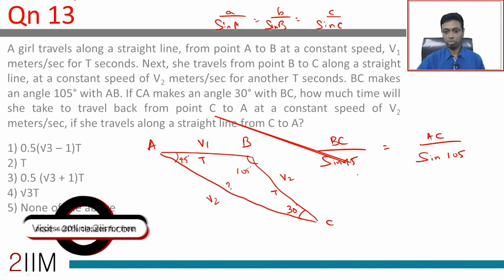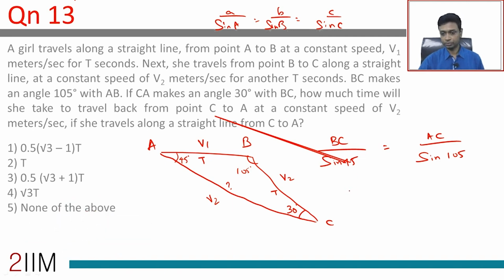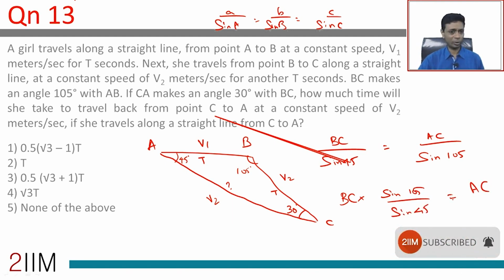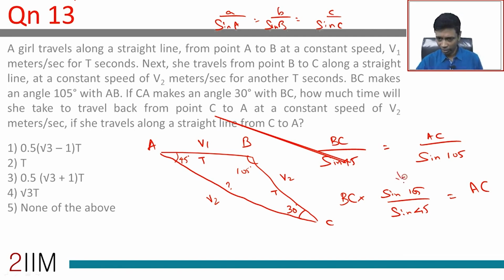And so BC is v2 into t, and AC by sine 105. We need to find AC or BC into sine 105 by sine 45 equals AC. I'm going to use sine rule here because I know that. If you don't know, you can still figure sine 105 out.